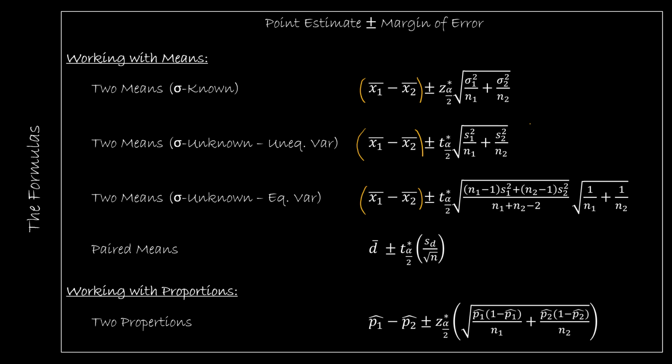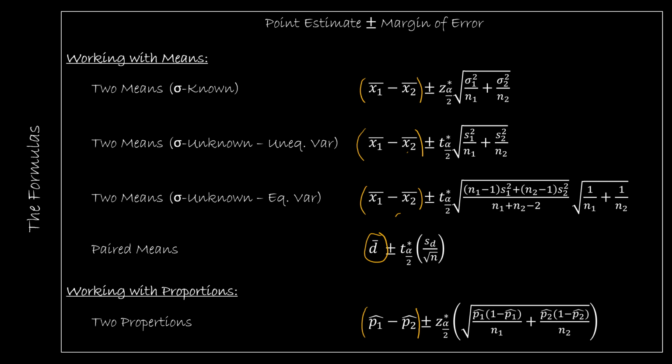And you can see that I have the subtraction of two means and the subtraction of two means and the subtraction of two means. And then I've got this guy here that's a little bit different, and we're going to talk about him. But then here I have the difference of two proportions. So really that point estimate is going to be subtracting two means or subtracting two proportions.